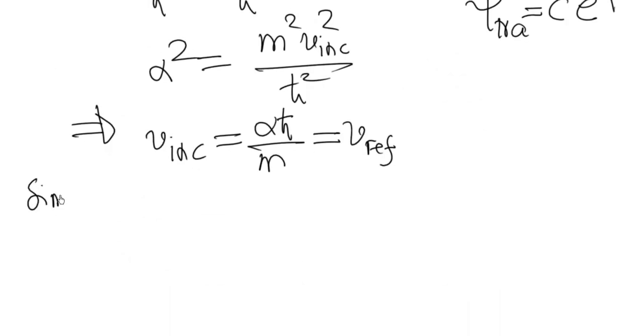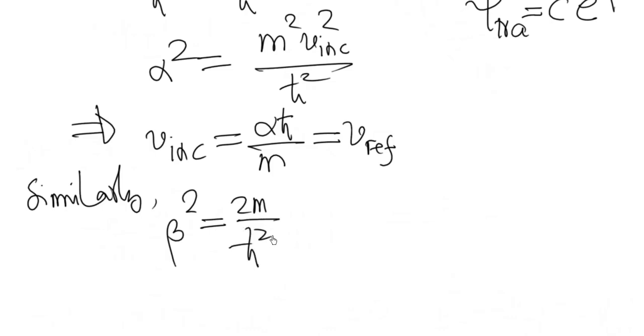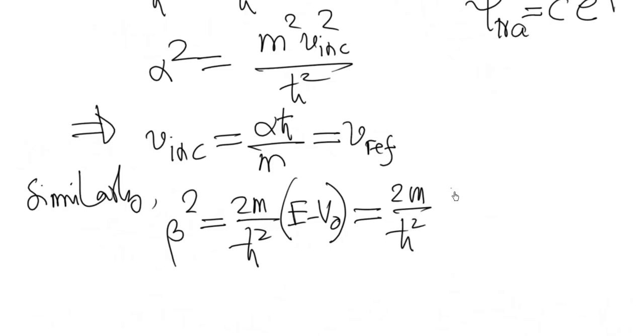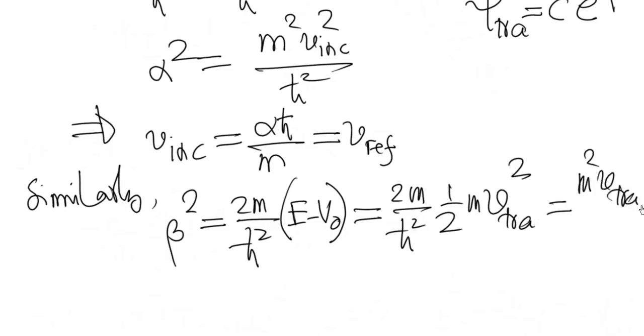Similarly, we can find the velocity in region 2. Beta squared is 2m by h-cut squared times (E minus V naught), the total energy minus potential energy, so this is also kinetic energy, equal to half m v transmitted squared.